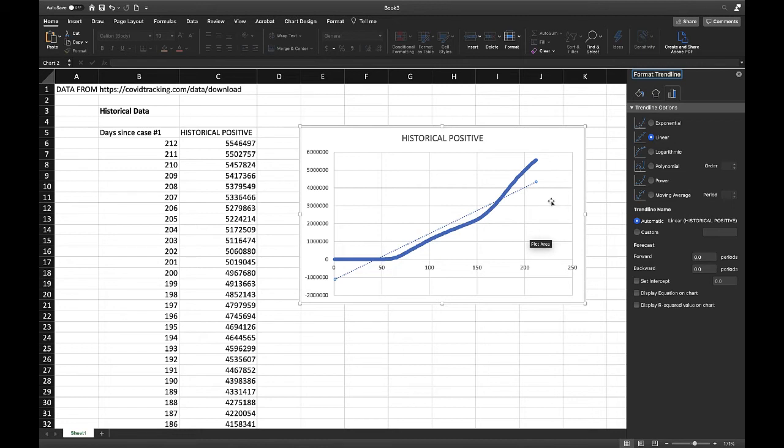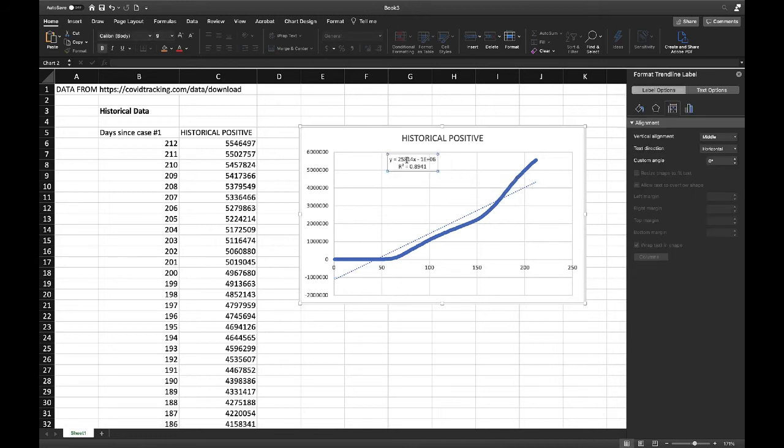You can see with your eye that this is not a particularly good fit. The curve starts out slower and gets faster. So something's off right here. In fact, let's do this. Down at the bottom of this dialog box on the right, there is a selection for display equation on chart and display the r² value on the chart. Move these out, make this a little bigger. So what you're looking at is the slope, that y equals mx plus b.